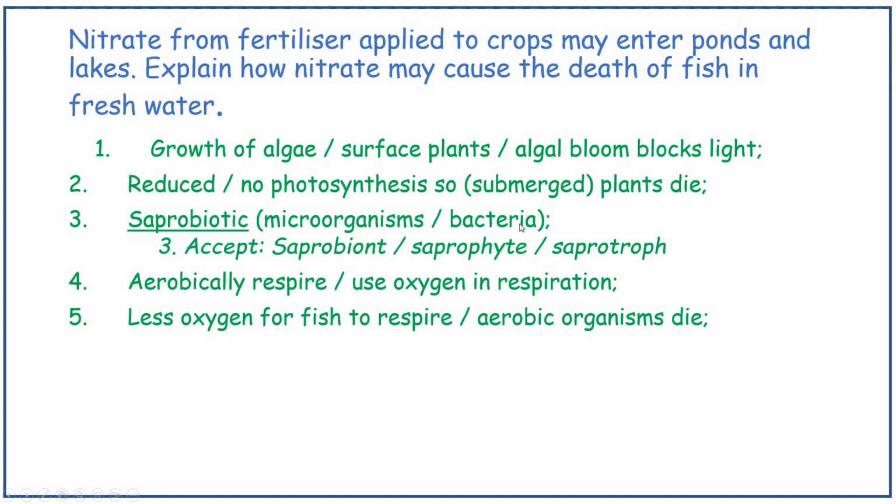Saprobiotic microorganisms or bacteria then aerobically respire and use oxygen in respiration, so they increase the biological oxygen demand. Therefore, less oxygen for fish to respire and the aerobic organisms die.